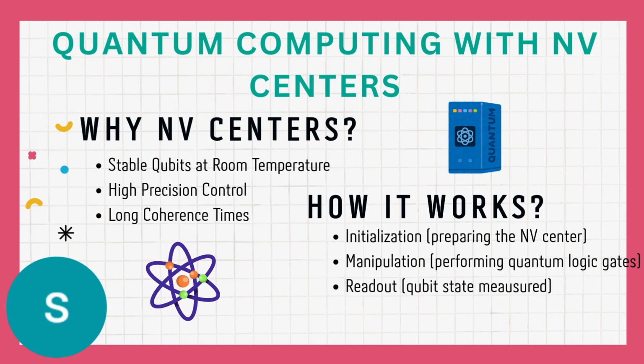What makes NV centers exciting is that they're stable at room temperature and they have long coherence times and high precision control. So they can be controlled with lasers and microwaves, and their quantum state can be read by measuring light that they give off.